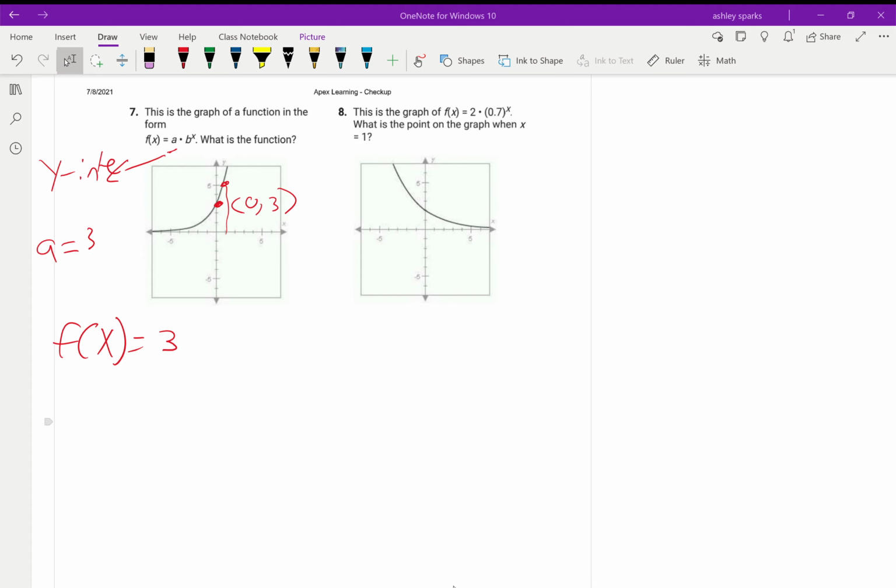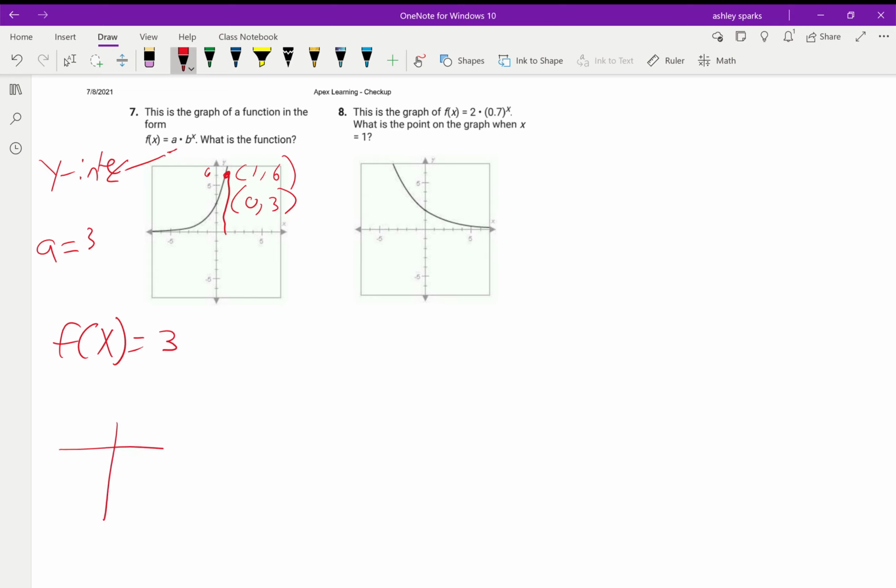Oh, it's 1, 6. So this might be a little bit tricky to picture. Obviously, I just screwed it up, but we have 1 here. If I go straight up from 1, it does look like I hit the 6, not the 5. So that would be my fault. So you also have the point 1, 6.